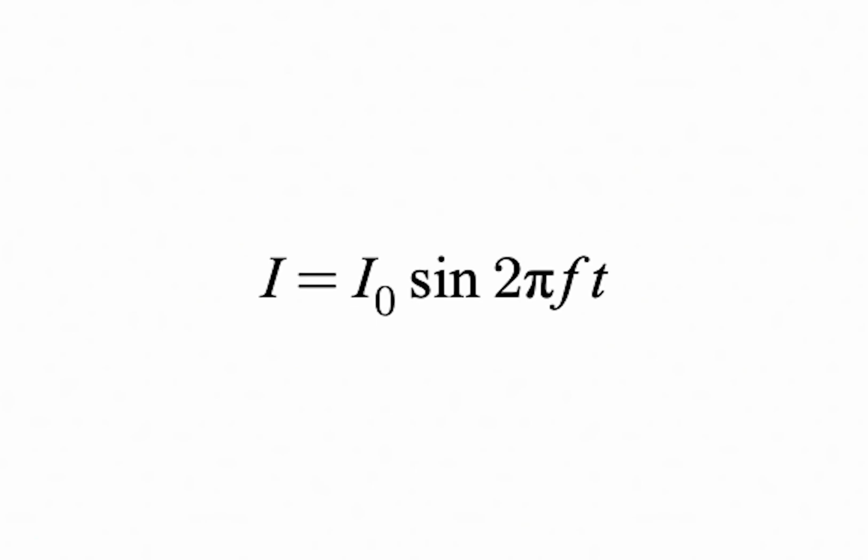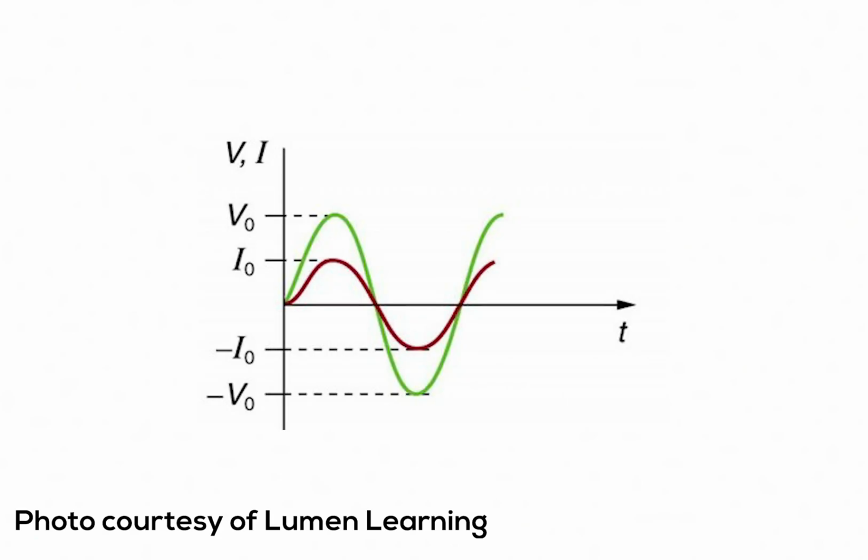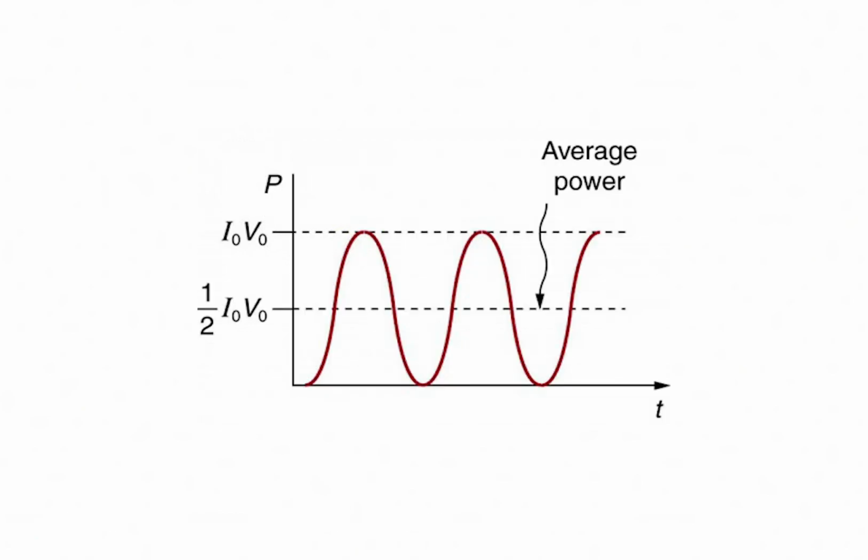And this is the current's equation, where I is the current at time t. Like the voltage, the current in this resistor is changing back and forth. For this example, the voltage and current are in phase, meaning that their product is non-negative and will vary between 0 and the peak current times the peak voltage.